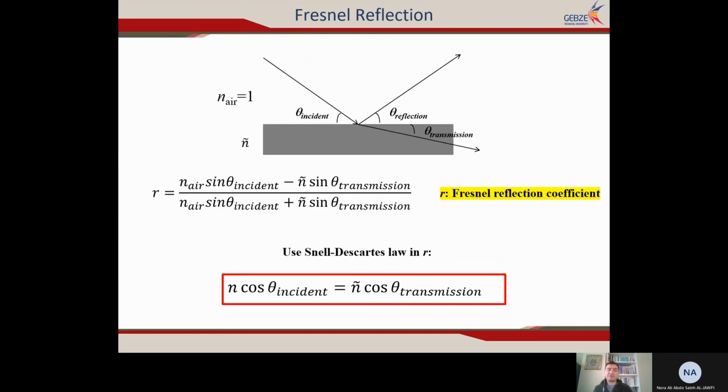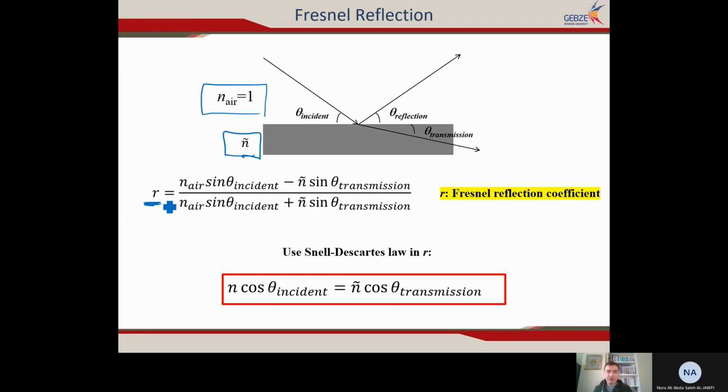Here I will try to explain this part by using the Fresnel reflection again. Again, we have the same figure: theta incident, theta reflection, theta transmission. Here we have n air, which is equal to 1, and here we have n medium. And this is the Fresnel reflection coefficient, R. You have learned this in the previous courses, but I will go into detail a little bit.